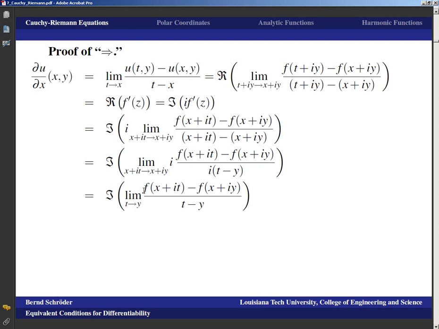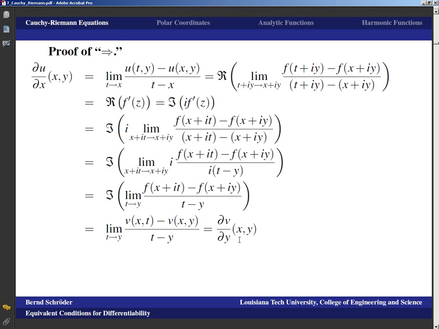And remember the imaginary part of f, that's v, right? So this is the limit as t goes to y of v(x,t) minus v(x,y). And that's the partial derivative of v with respect to y, because now x is being held constant.